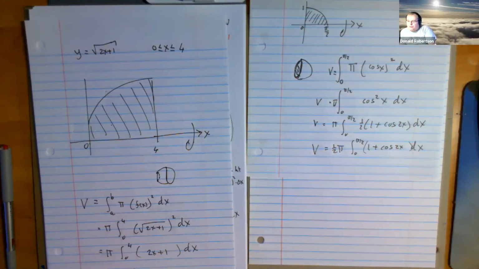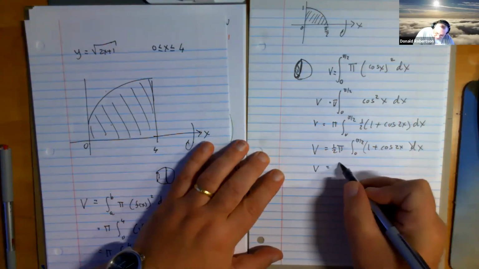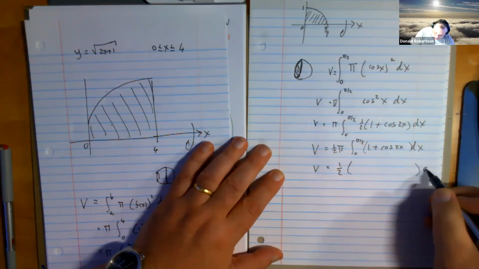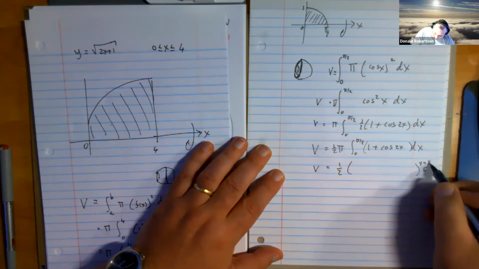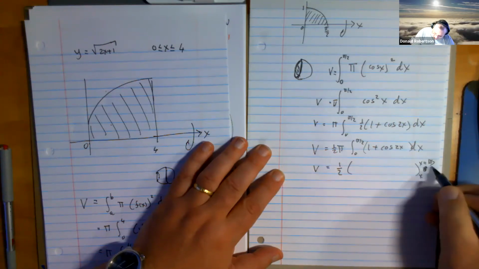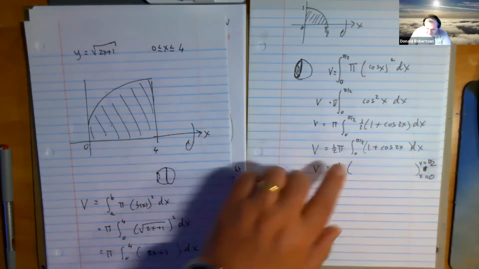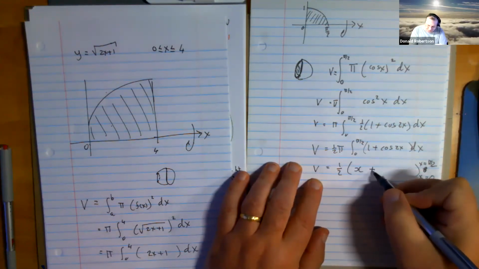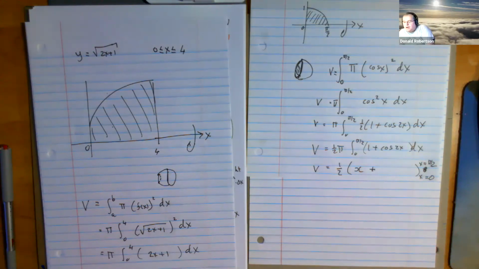Isn't it less hassle when you have to have fractions of things already floating around? Integrate 1, you get x. I want to find the antiderivative of cosine 2x. How will I go about doing that?